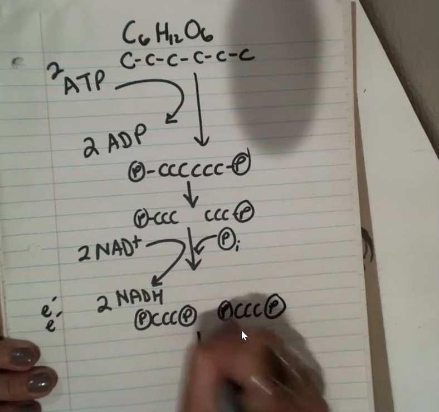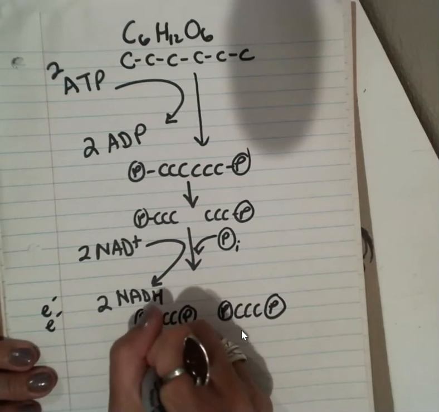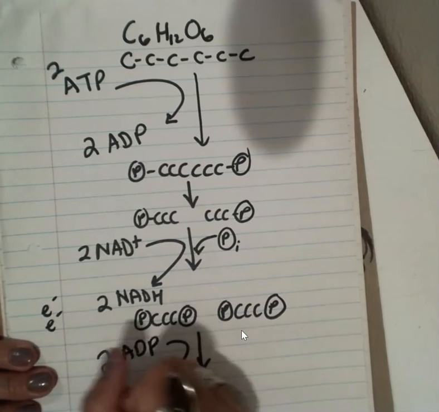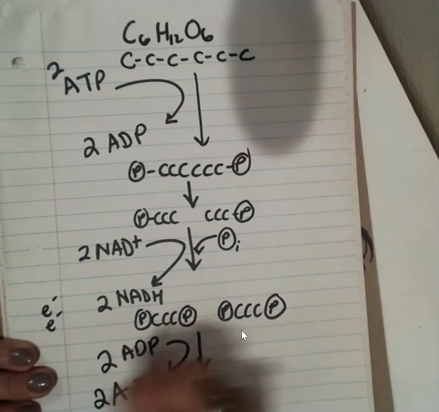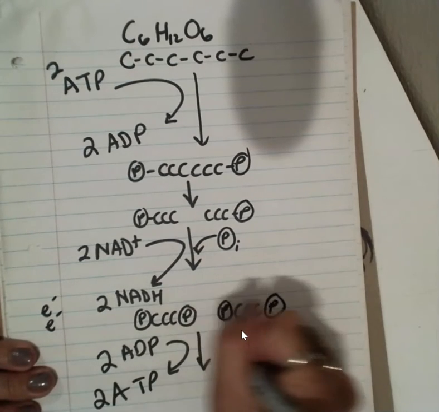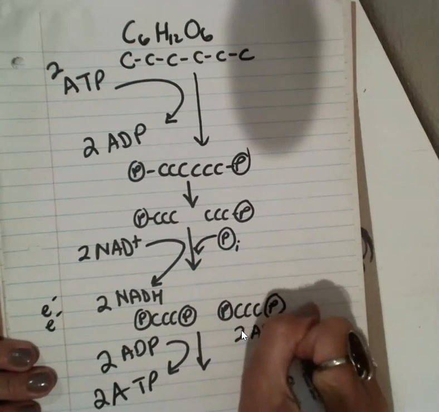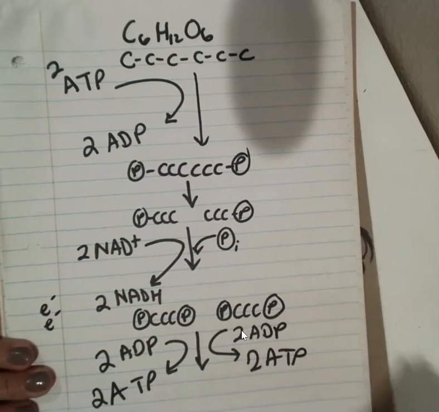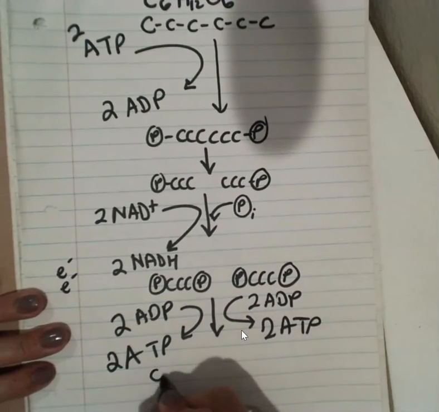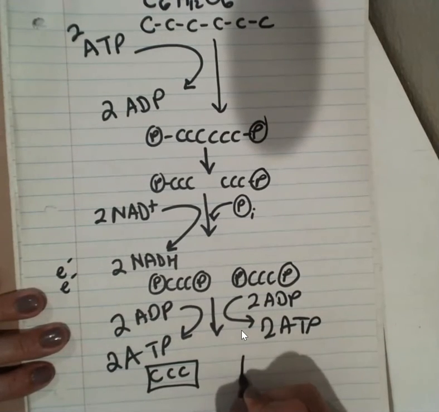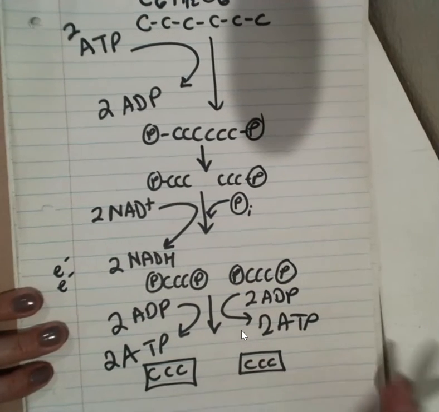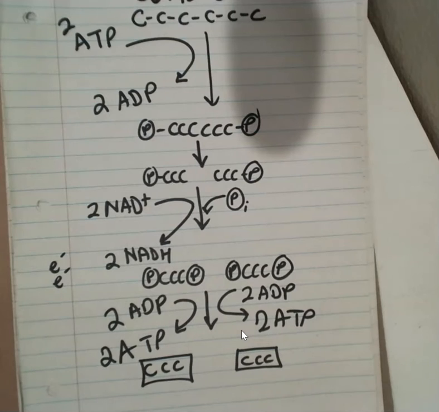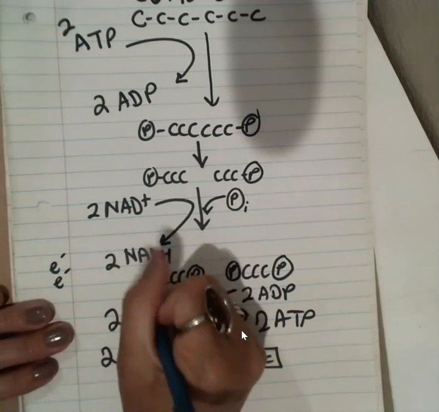And then in a couple more reactions, we're going to have some ATP produced. So again, 2 ADP. So when we look at this, basically, what we see here is, oh, I don't have a highlighter with me, but let's see if I can write on it with a pen.